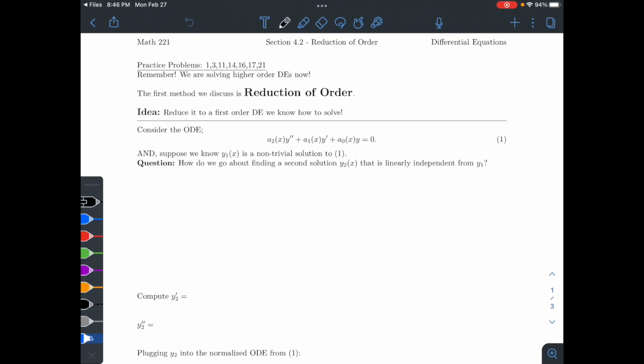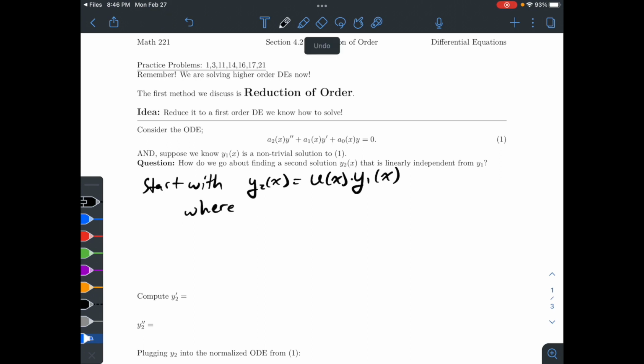The first thing that we're going to do is start by assuming that y2 of x is equal to, let's say, u of x times y1 of x, where u of x is some non-constant function. Why is it non-constant?